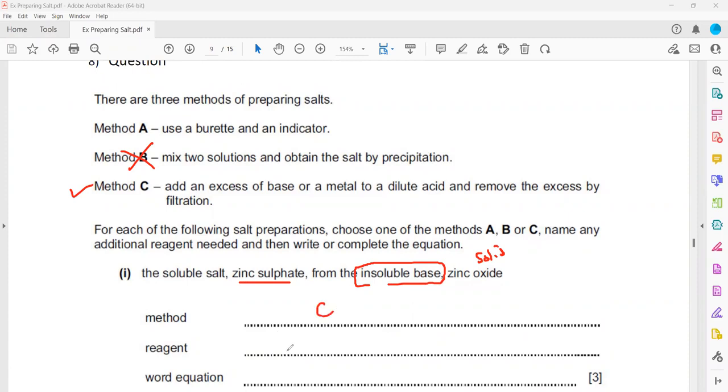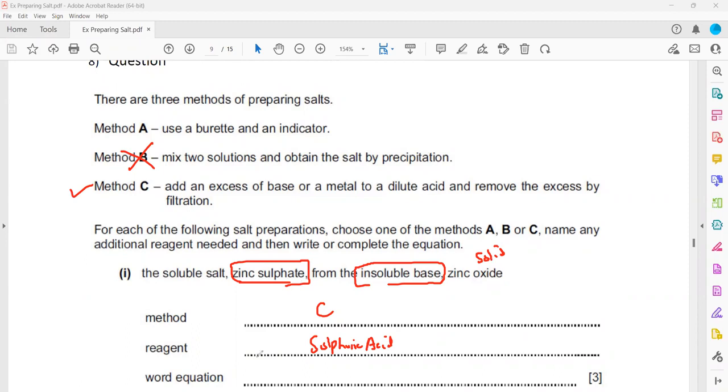And what is the reagent? We have zinc oxide, which is already there with us. Because I want a sulfate salt, what else do we need? We need sulfuric acid. So the reagent here will be sulfuric acid, because sulfuric acid plus zinc oxide gives zinc sulfate plus water.